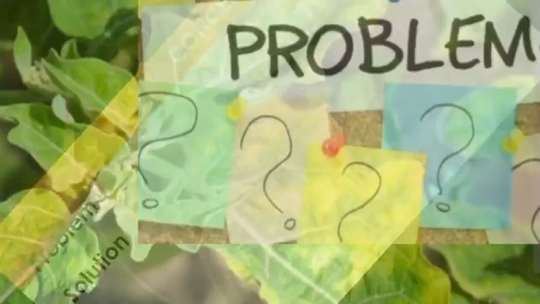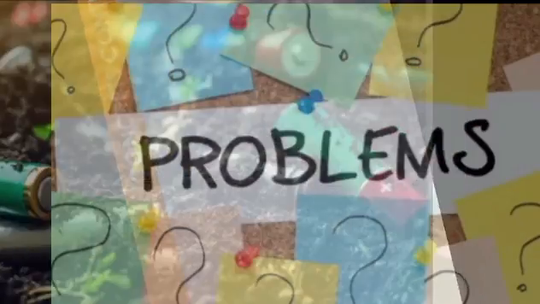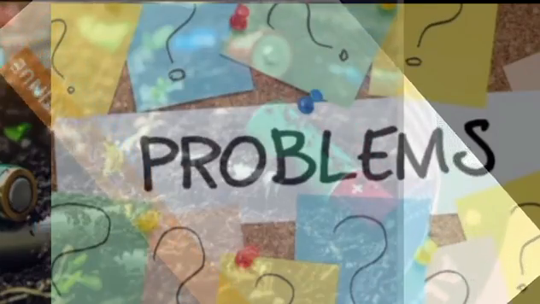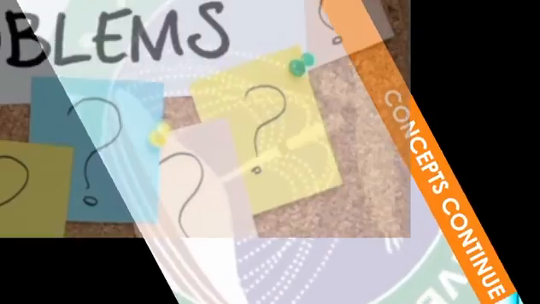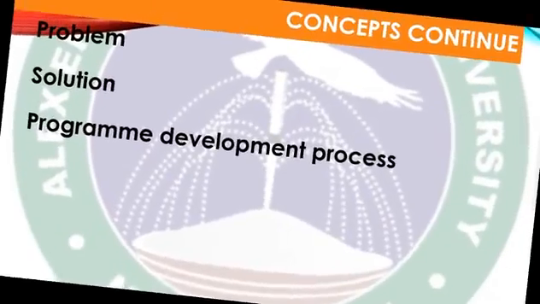But if people find themselves in a situation and they strongly feel that there is the need for a change, with or without external help, they just feel that one or two things need to be altered, then we say there is a problem. Program development process.